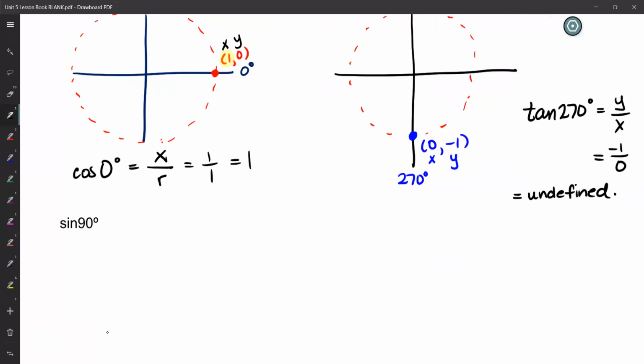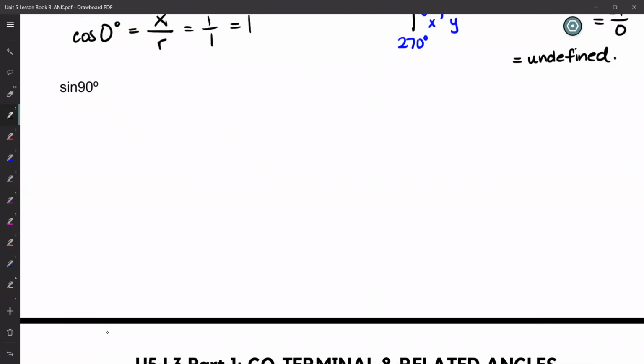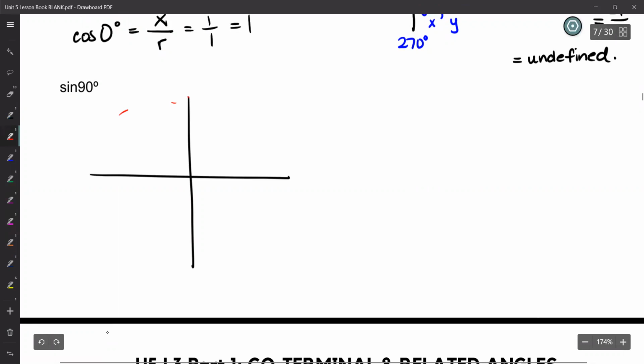Okay, let's try one more. Here's our unit circle. It has a radius of 1. We are at the 90 degree location. What was this point again, up here?